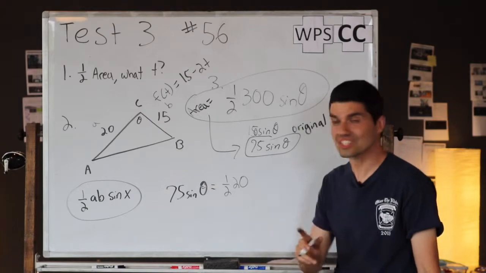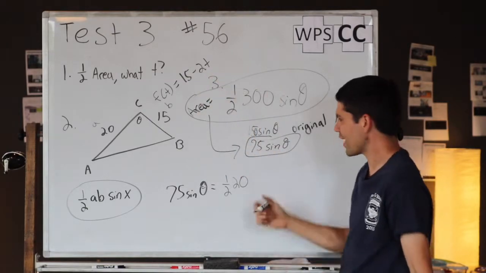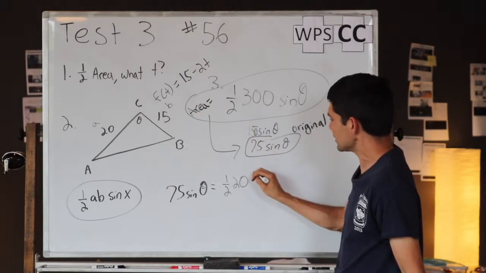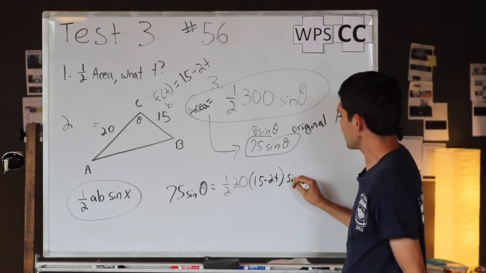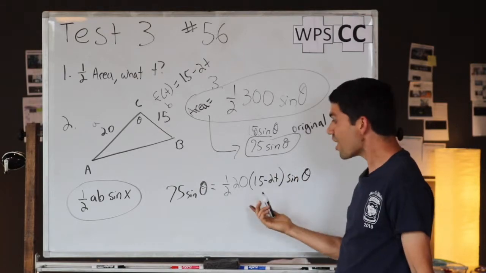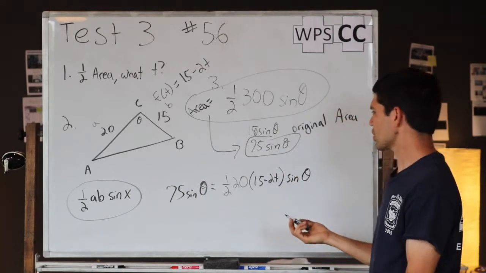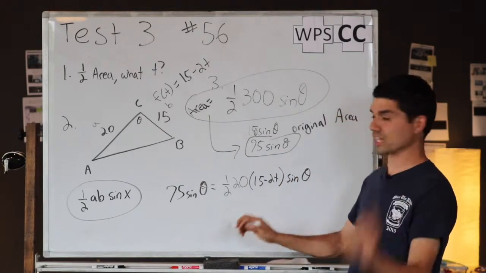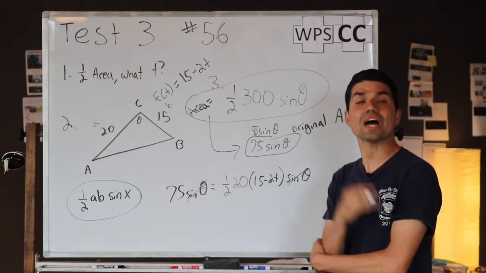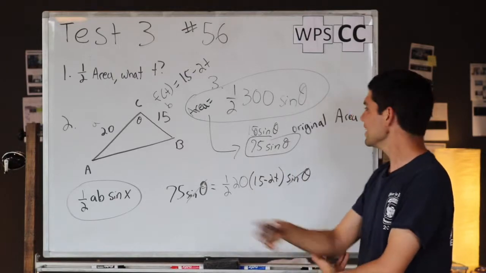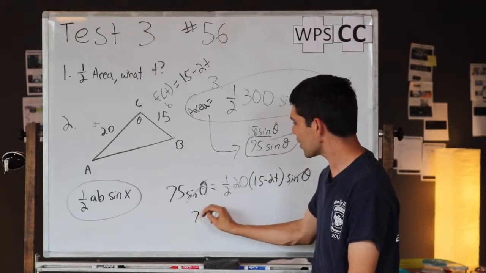Our B is changing, so we put in the formula of how B changes, which is 15 minus 2t. Now we multiply that by sine theta. To make it look like an equation, let's take the sine off both sides. We didn't even have to worry about that sine. Now we have an equation that you can solve.